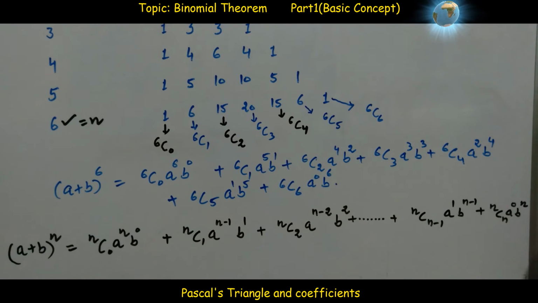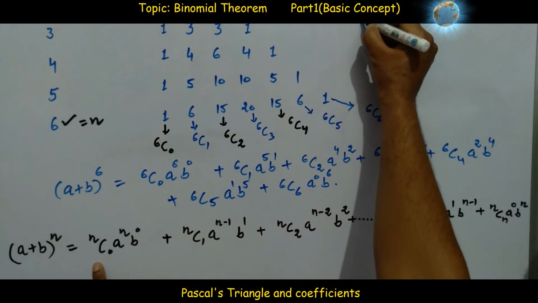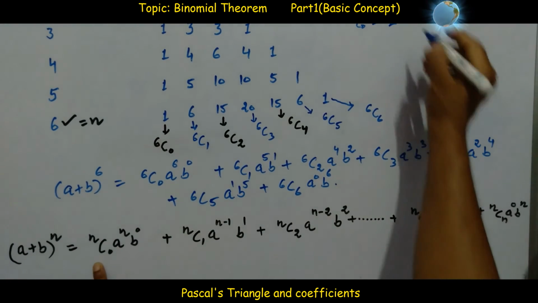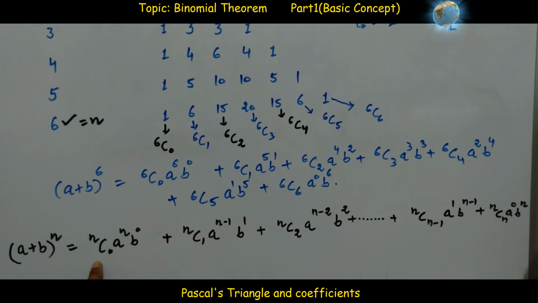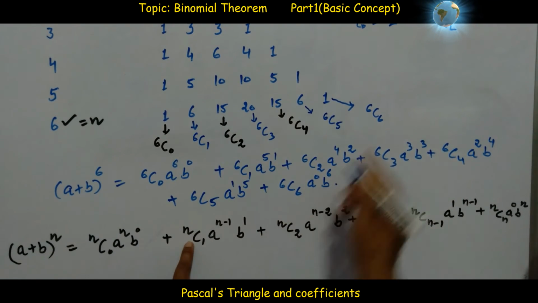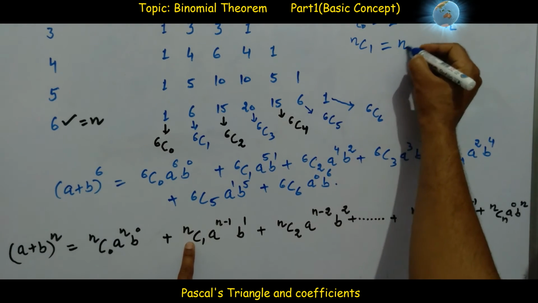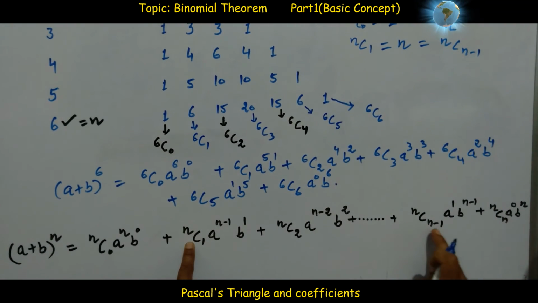Here one very important conclusion we see. nC0 is 1, and the last value nCn is also equal to 1. Next, nC1 is equal to n, which is equal to nCn−1.